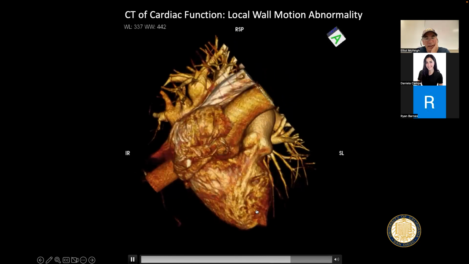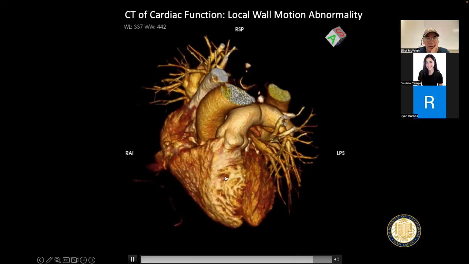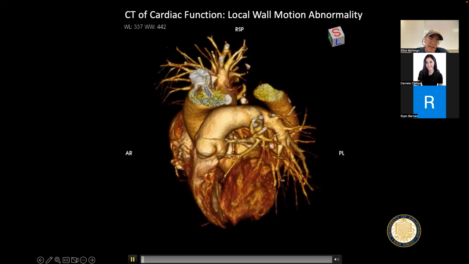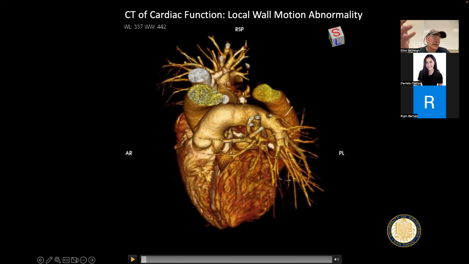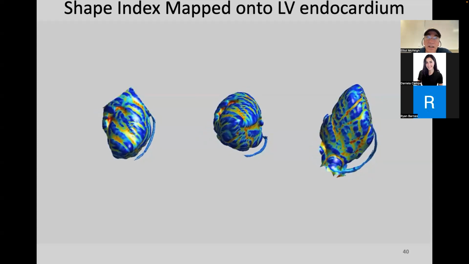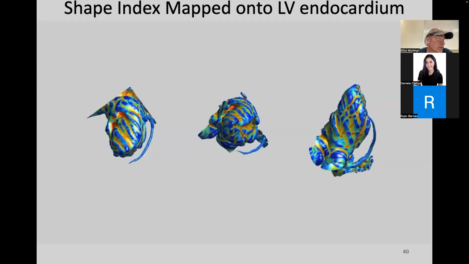The blood is making a cast on the wall. So this is the endocardial side of the right ventricle, say this surface right here. And you see the motion of that cast, and how that is moving. You can use that information to essentially evaluate endocardial function.